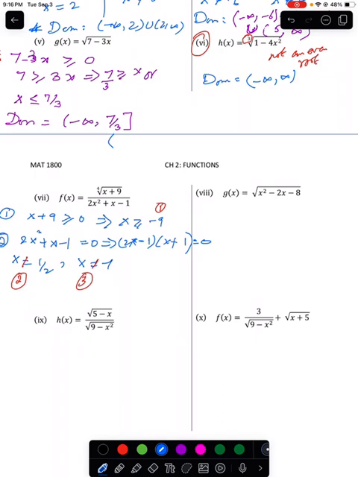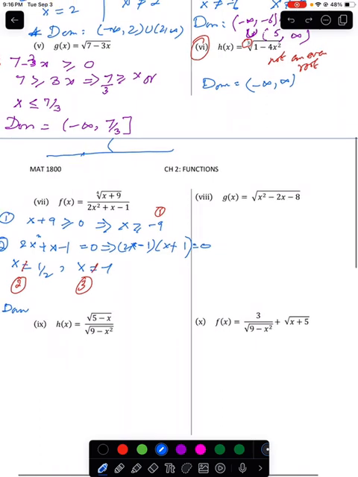So if we only had the denominator, the domain would have been -infinity to -1 first. It's always good to draw it. So this is -1, then we have 1/2 somewhere here, and then there is also the number -9.